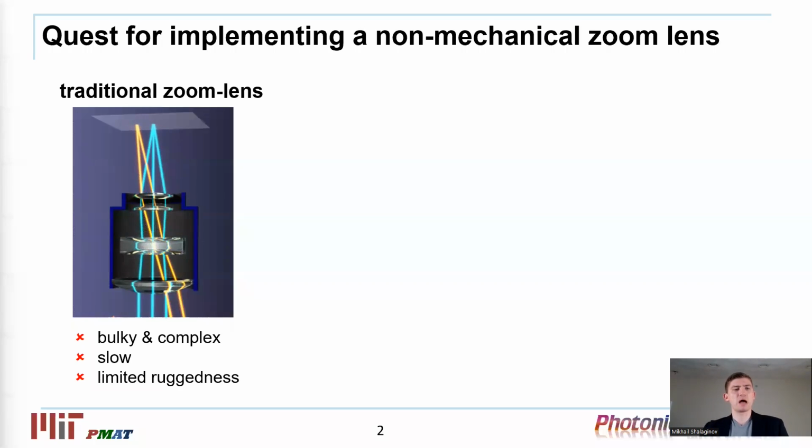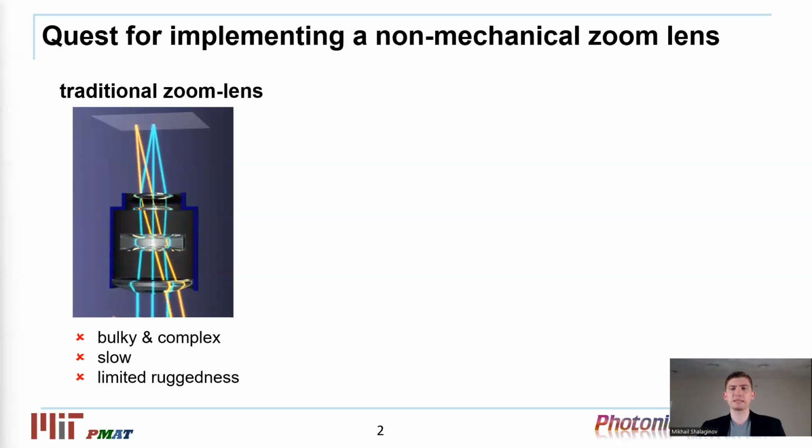Zoom lenses are widely employed in numerous applications spanning photography, cinematography, computer vision, biomedical imaging, and many other fields. Conventionally, the zoom function is exemplified, as you can see here, by a stack of refractive lenses where one or more of the lens elements move along the optical axis.